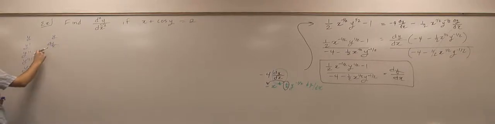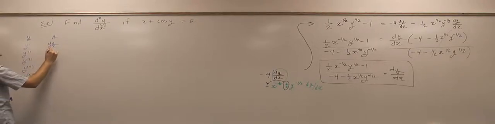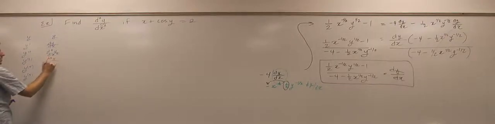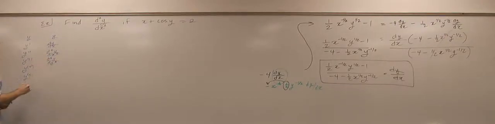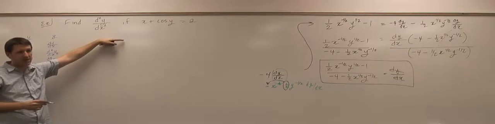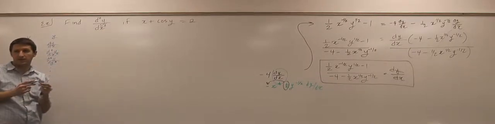But the second derivative is d squared y dx squared. That's the notation. And then this would be d cubed y dy cubed. But this just means second derivative, which means we're going to have to first find dy dx and then take the derivative of that.